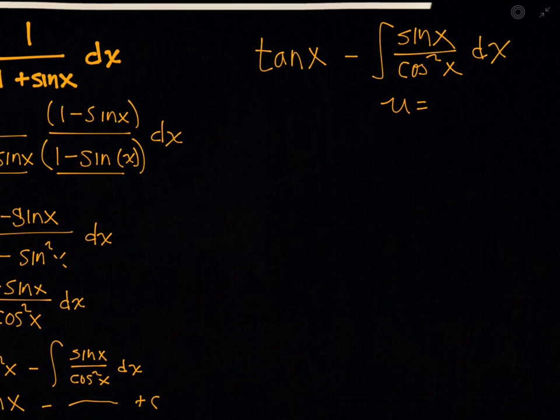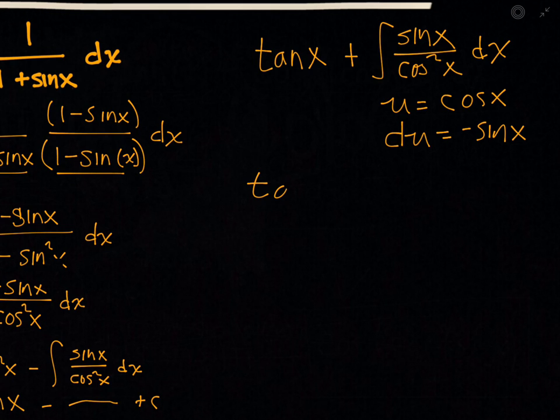I'm going to do a quick little u sub on this guy. u is going to be cosine of x, so that du is going to be negative sine of x. So du is negative sine of x. So then I can make that into a plus.